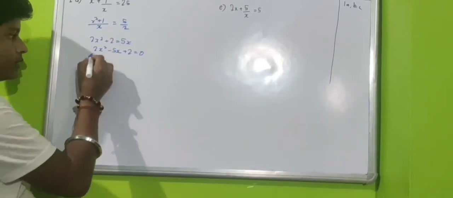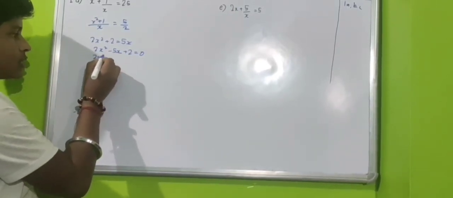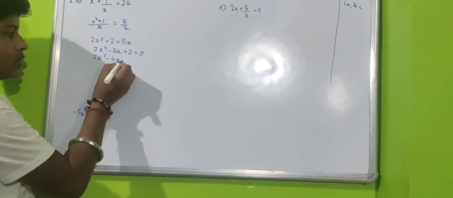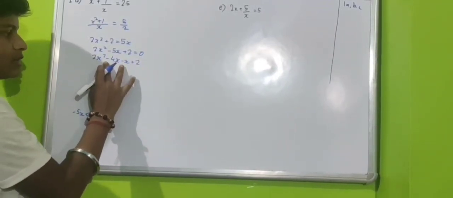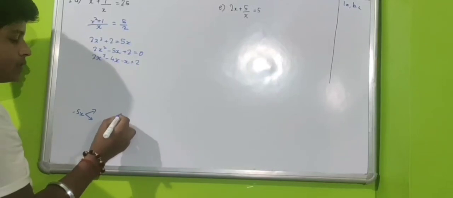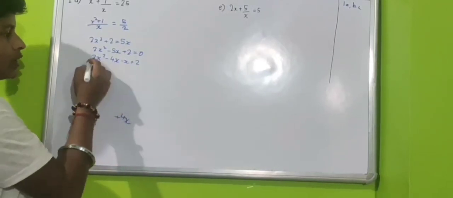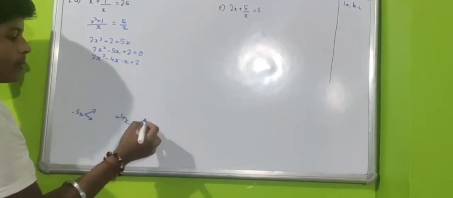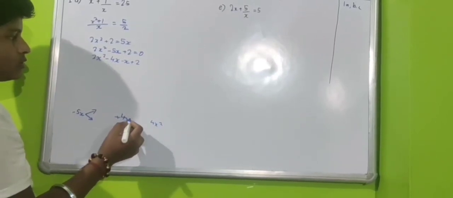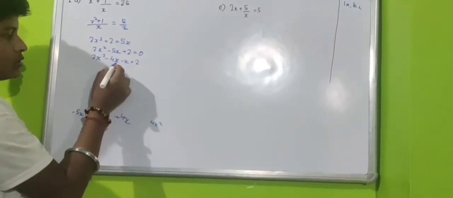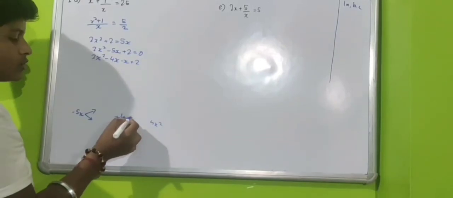So it will be 2x square minus 4x minus x plus 2. Minus minus plus, so plus 4x. And 2 times 2 is 4x square, then my multiple is also x square.